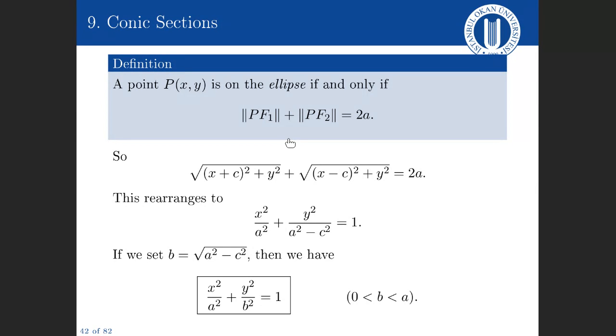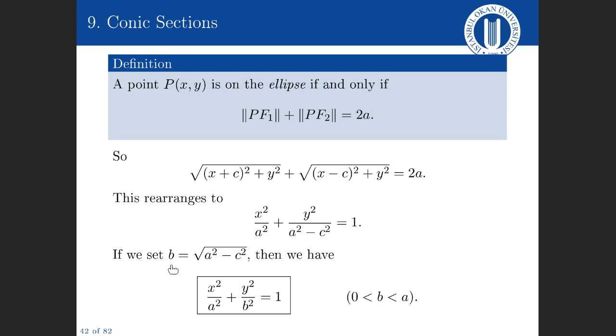As we did before, we can find an equation. I'll leave this for you to check, for you to fill in the details. If we rearrange this, we get x squared over a squared plus y squared over a squared minus c squared is equal to 1. We can simplify this a little bit if we use a new name for a squared minus c squared.